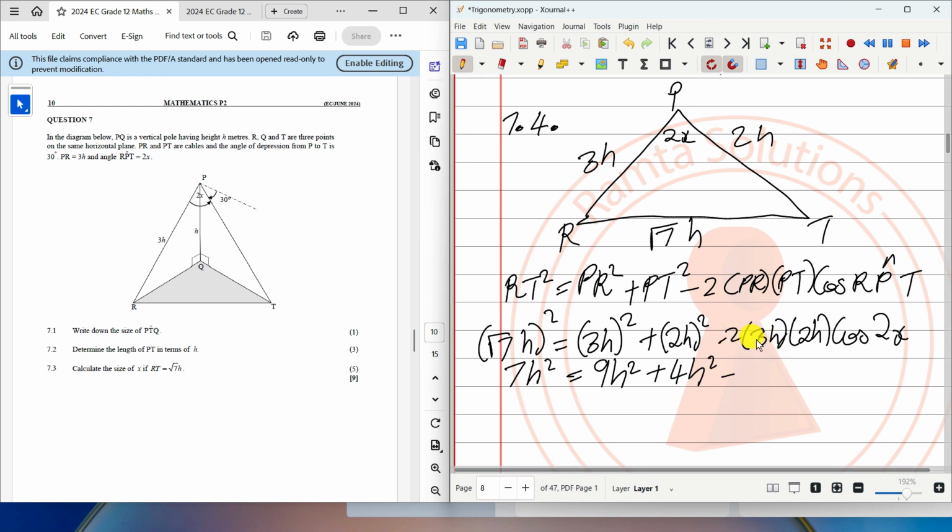Negative 2 times 3 is negative 6, times 2 is negative 12. h times h is h squared. Now this is 12h squared cos 2x. Now we have 12h squared cos 2x equals 13 minus 7, which must be 6h squared.